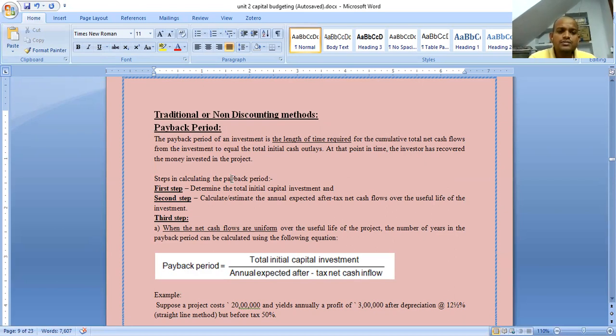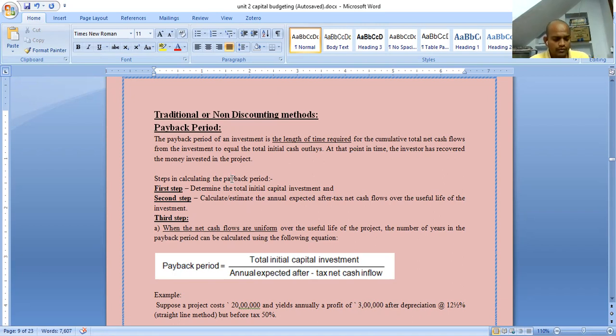The first two steps are common. The first one is to determine the total initial capital investment. Whatever the investment, we have to determine it. And the second one is to calculate or estimate the annual expected after tax net cash flows.